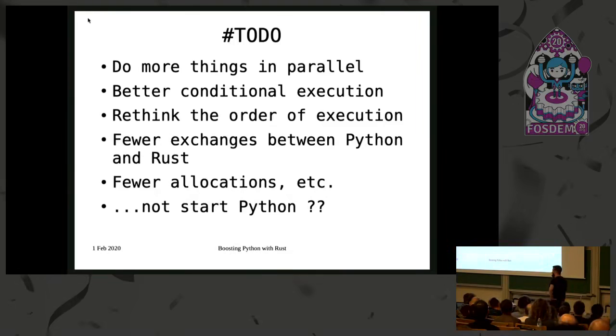So, I'll get to the next slide. But Python has a startup time that can take tens, even 100 milliseconds sometimes. And if you remember the slide that I showed you, that's about the time that it takes to run status on 100,000 files.